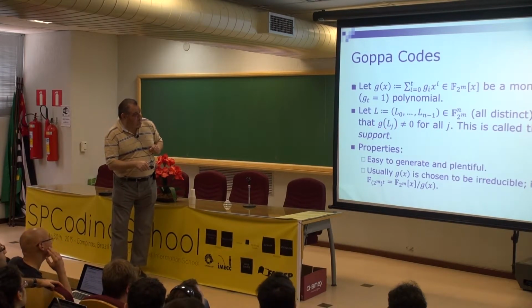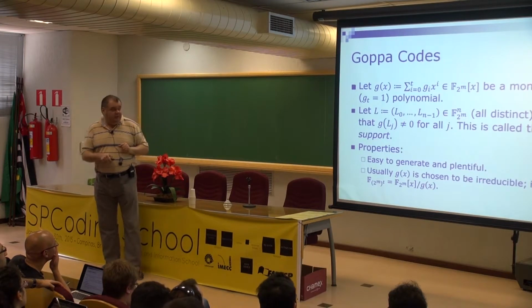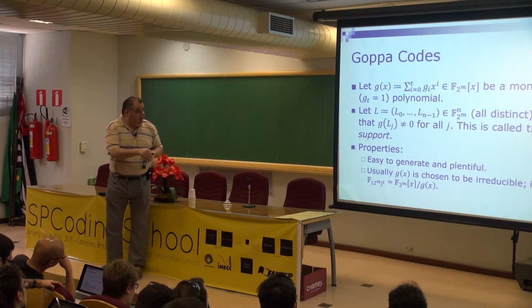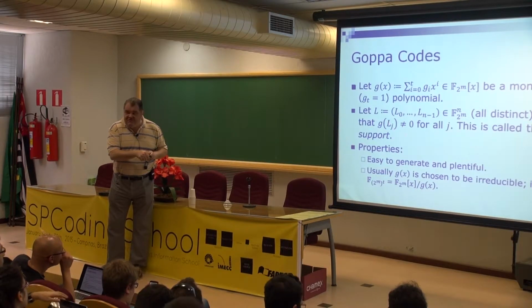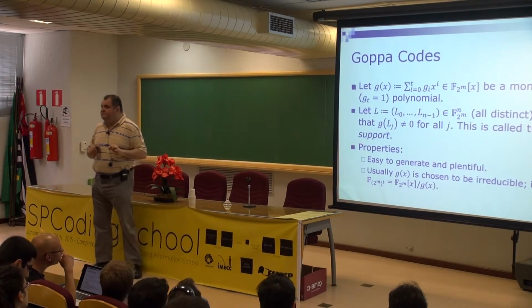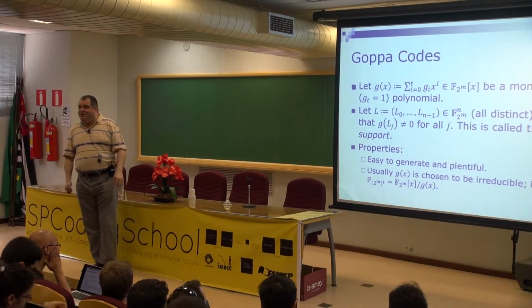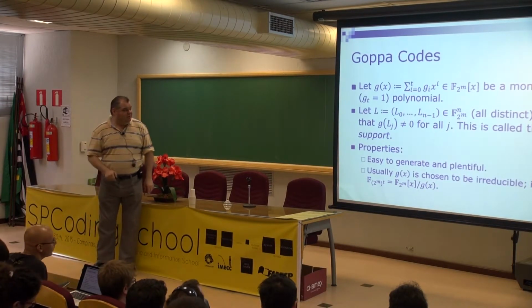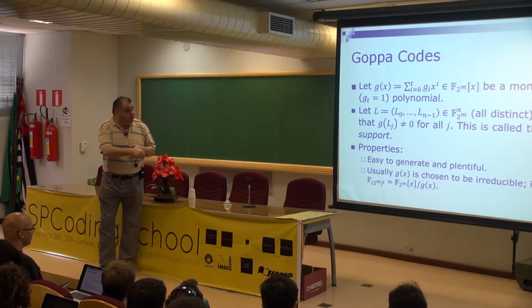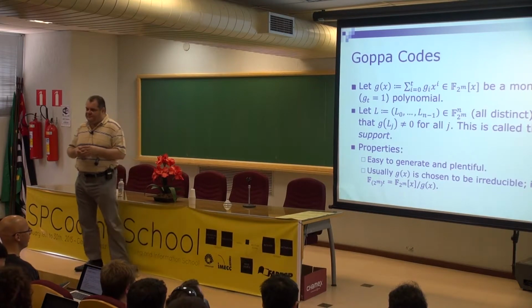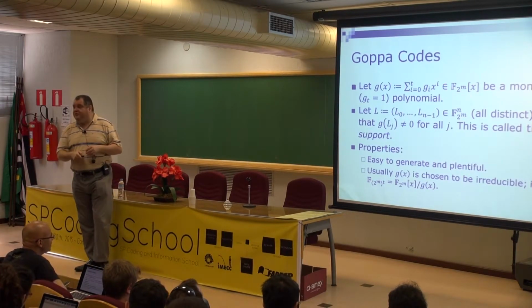There is one restriction. None of the n elements of the support, n being the code length, must be a root of the polynomial G. If G is irreducible, then automatically the support, which is disjoint from the roots of G, will be an extension of F_2^m.